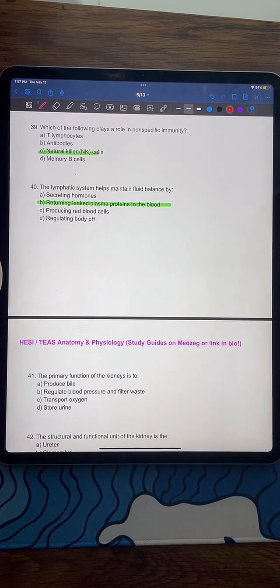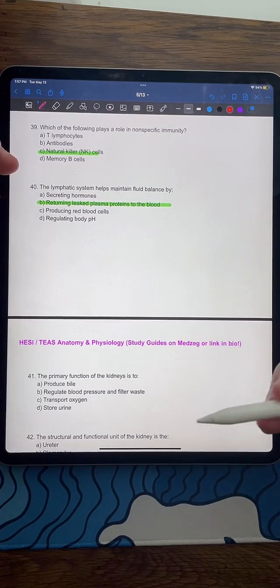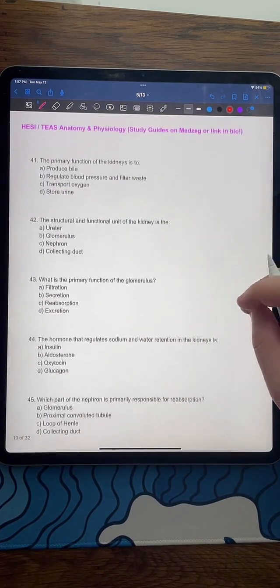The lymphatic system will collect leaked plasma proteins and interstitial fluid and return them to the bloodstream. That's the main function. Secreting hormones is done by the endocrine system. Sometimes hormones do enter, but they get returned to the bloodstream. Producing red blood cells happens in the bone marrow. Regulating body pH is done through the kidneys, lungs, and buffering, not the lymphatic system.